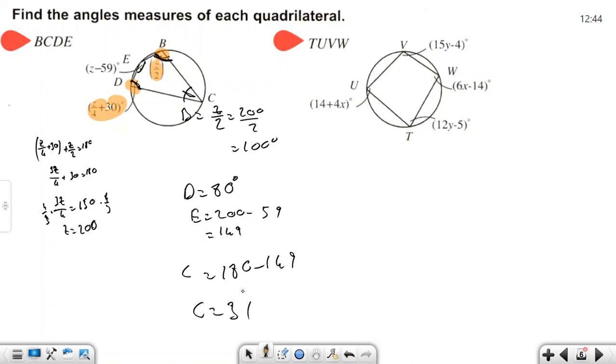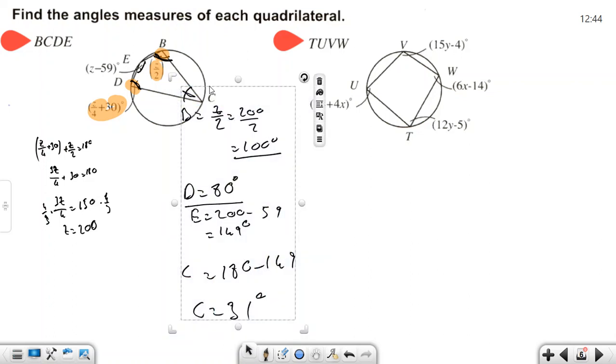C equal 31. So we find the value of b 100 degrees, d is 80 degrees, e is 149 degrees, c is 31 degrees.